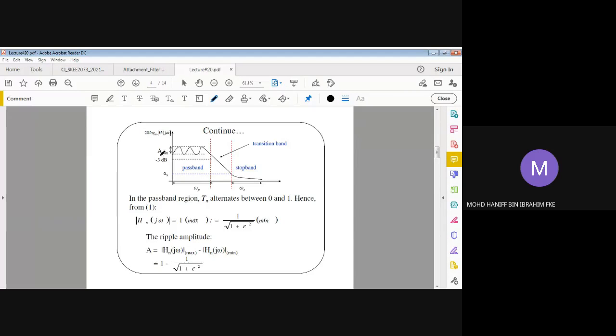This is the typical low pass filter response of Chebyshev. Here we have a separation between a pass band and a stop band. The pass band is the part where we have a ripple, and the magnitude of the ripple is noted as A max.